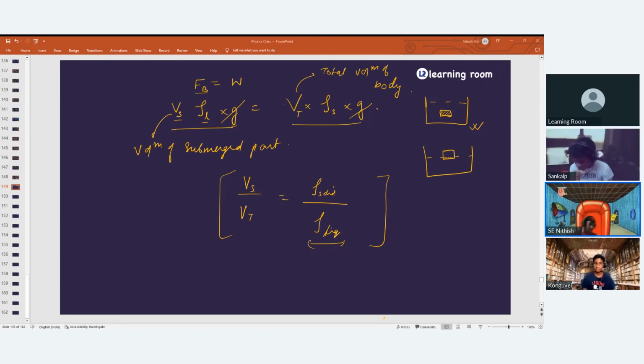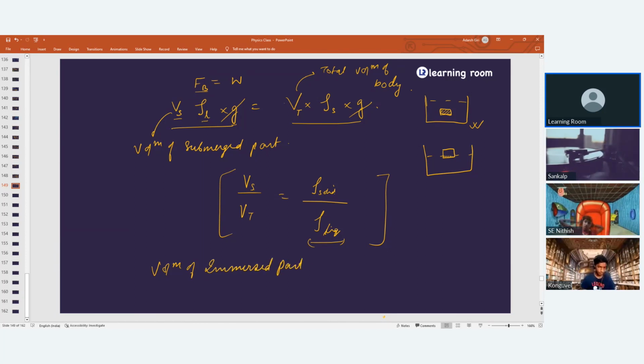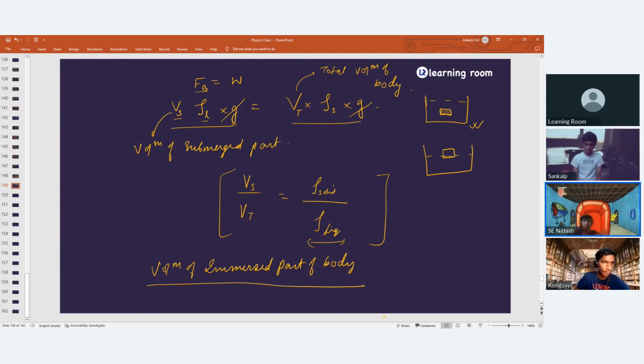Sorry, I sneezed. I'm writing here: volume of submerged part, immersed part of body. This immersed means outside the water, right? Or the one that is not submerged.